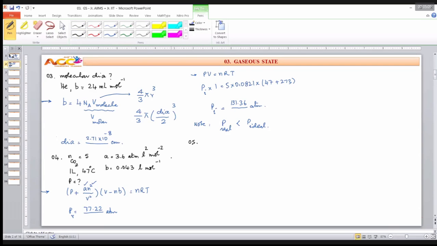Question number 5. If volume occupied by carbon dioxide molecule is negligible, make a star on this question.